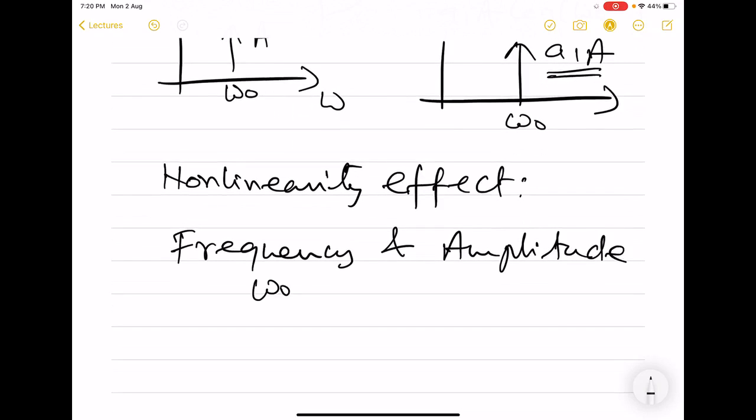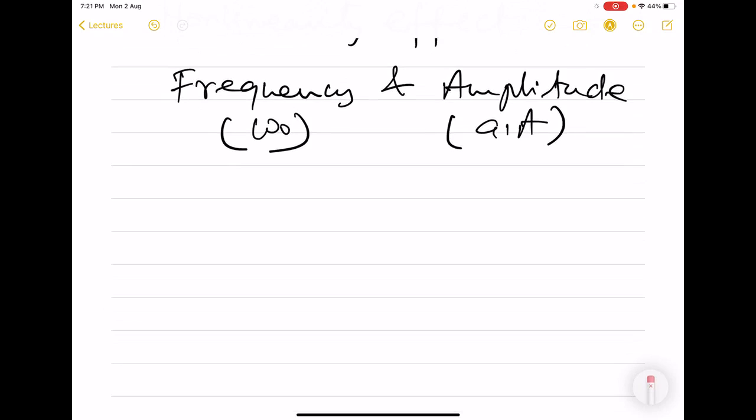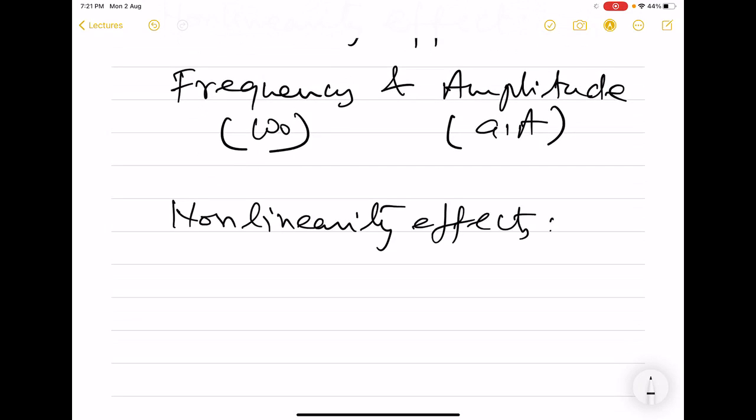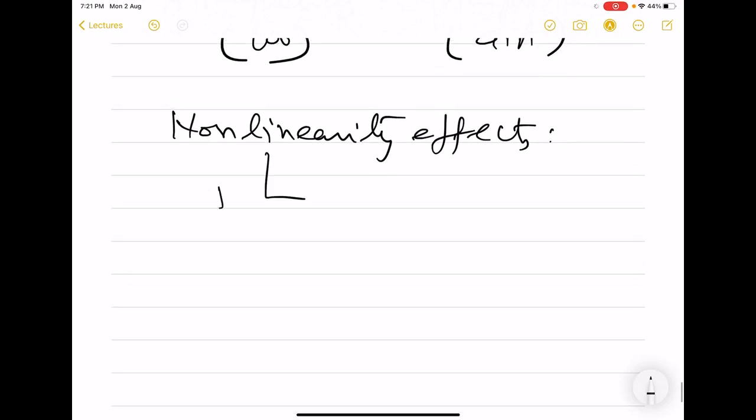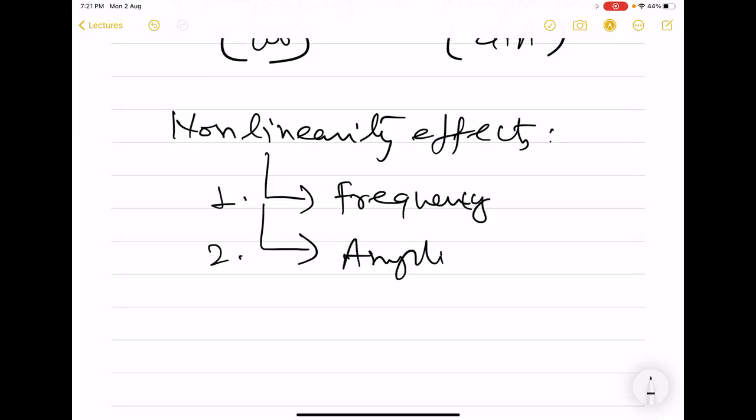We will no longer have only a pure omega naught term, and the amplitude of the fundamental will no longer be purely A1 into A. So here we see that nonlinearity effects are visible in both the frequency domain and the amplitude domain of the output.